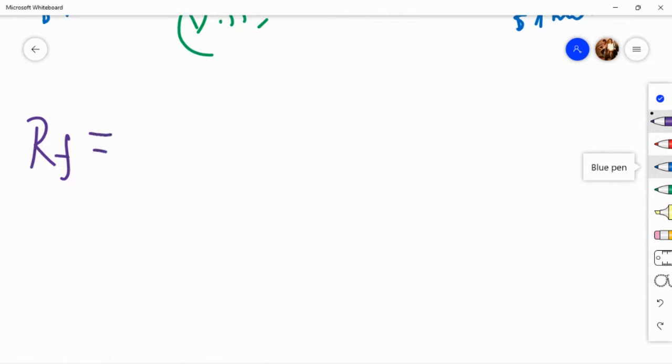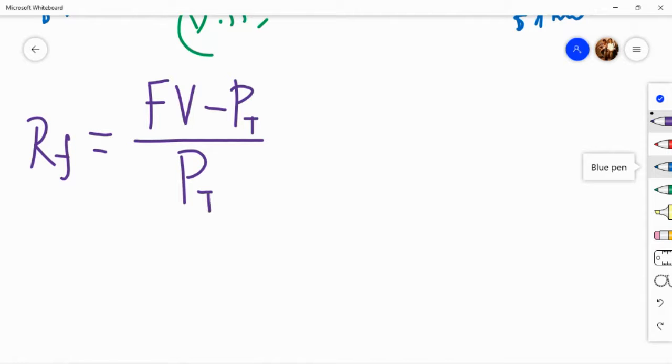So the return on the Treasury is risk-free, and the risk-free return is basically calculated this way. And then think about it. This goes down. What happens to the denominator when the selling price goes down?